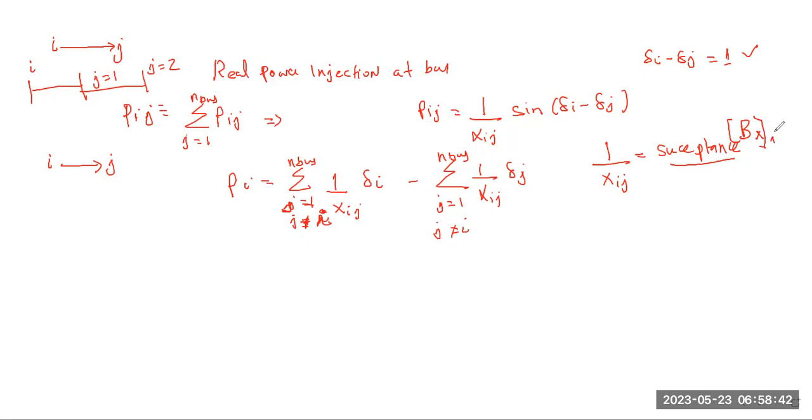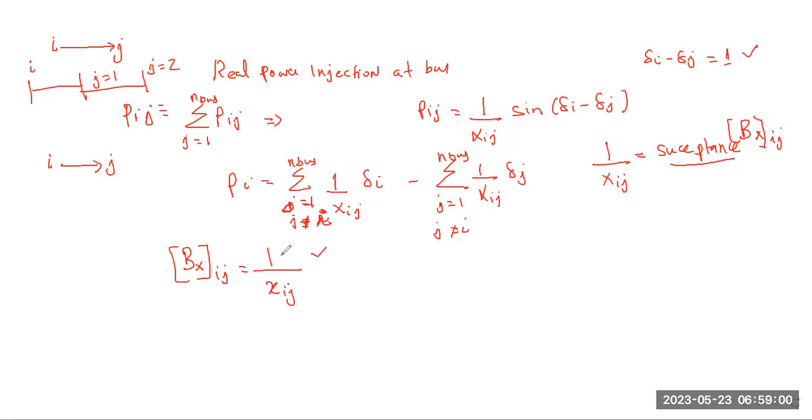This can be written in the form of Bij, so you get that Bij is nothing but 1 by Xij.